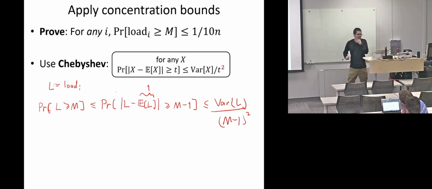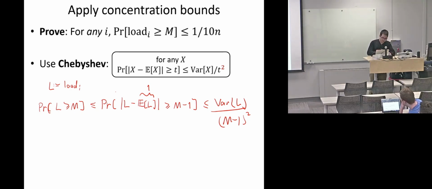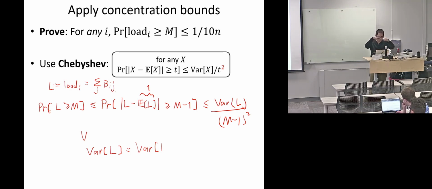Now we just need to analyze the variance. The variance of L, where L is a sum of indicators that ball j goes to bin i. Now I'm going to use that expectation is linear.